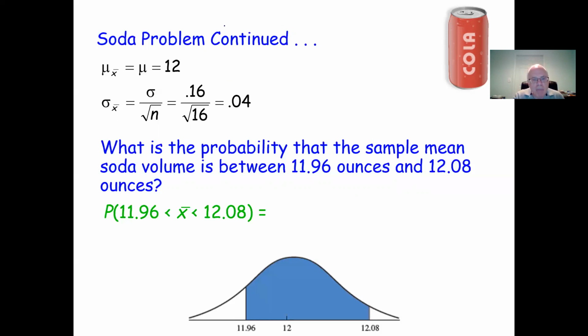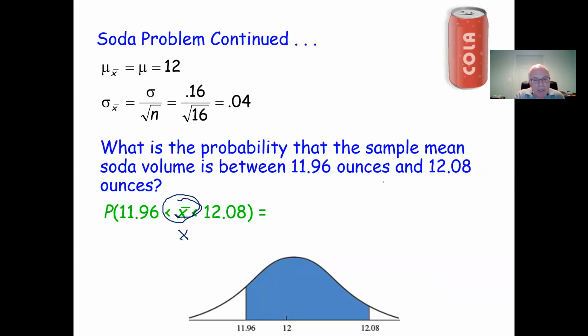Now notice that in the middle here of this probability statement is X bar. Up to today's class, we were asking probability statements that have X in the middle. X, not X bar.